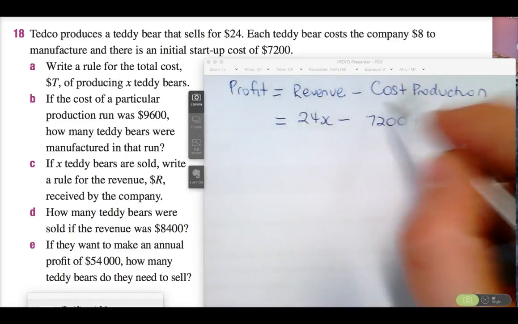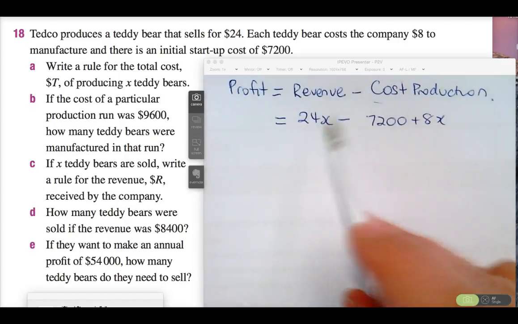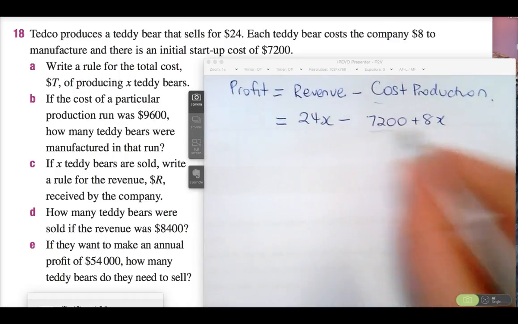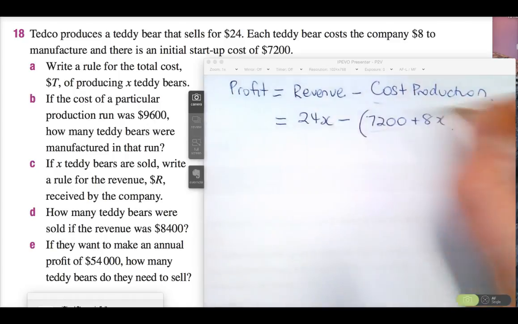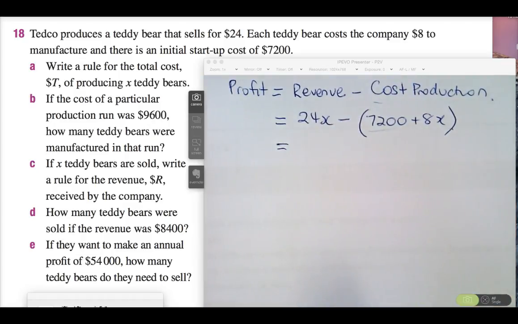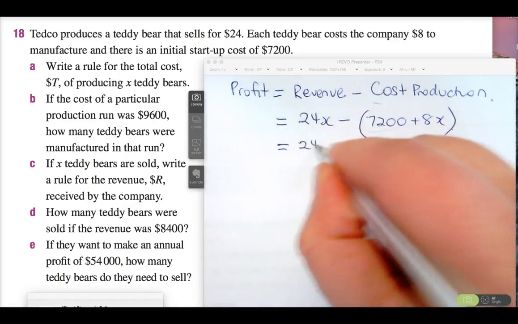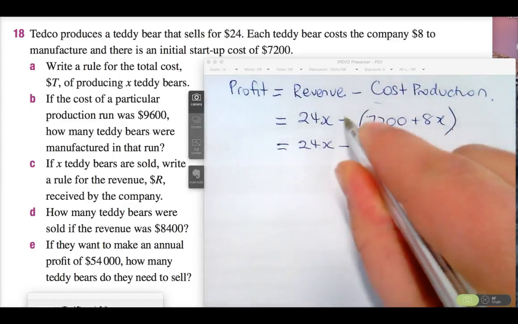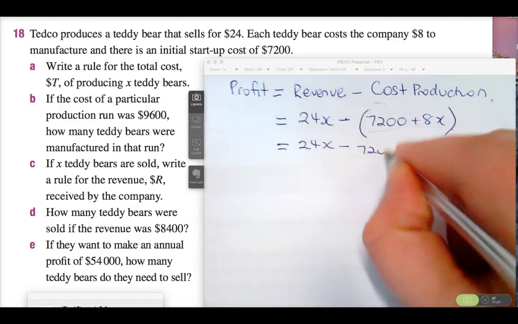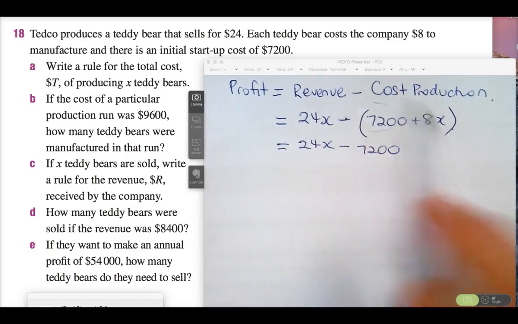Revenue minus cost of production. I'm supposed to add something here. What am I missing? Isn't it minus all of that? Thank you. Revenue minus cost of production. So it's 24x take away, open the bracket, 7,200 plus 8x.